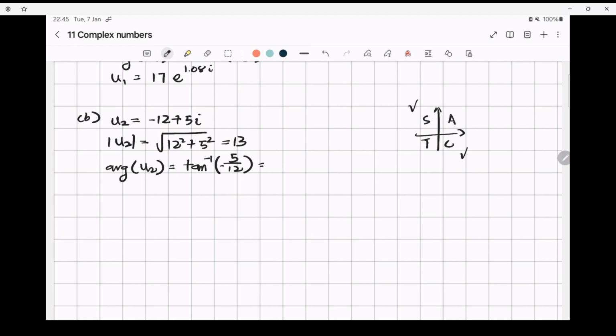The reason why you need to draw the diagram is to identify whether your angle belongs to the second quadrant or the fourth quadrant, if you can't imagine it. Because it depends on which quadrant your argument falls in, this particular angle that you calculate will be different.